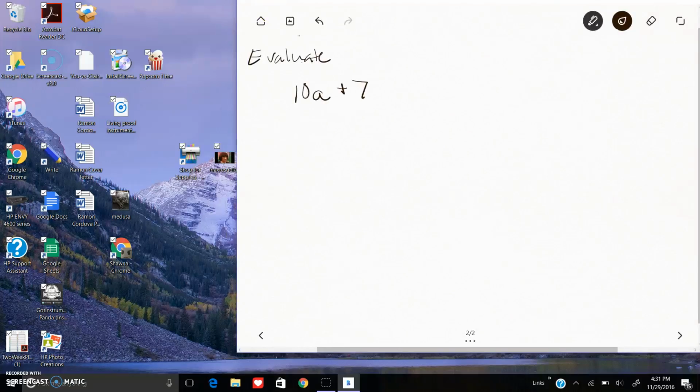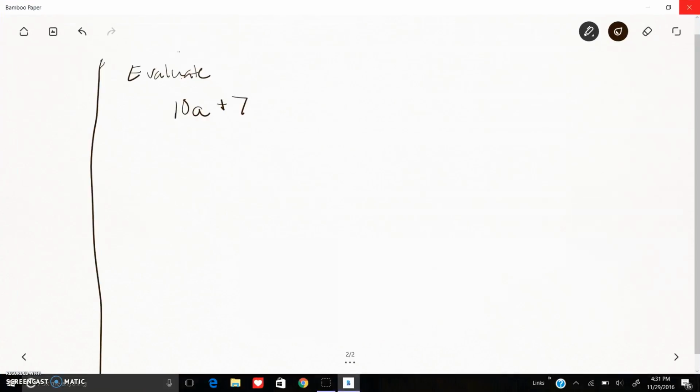Let's evaluate, that means solve, 10a plus 7 if a equals 1/5.